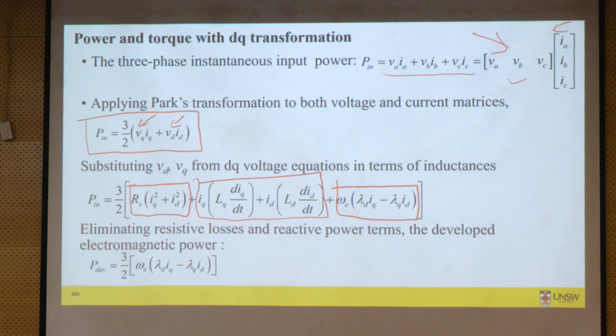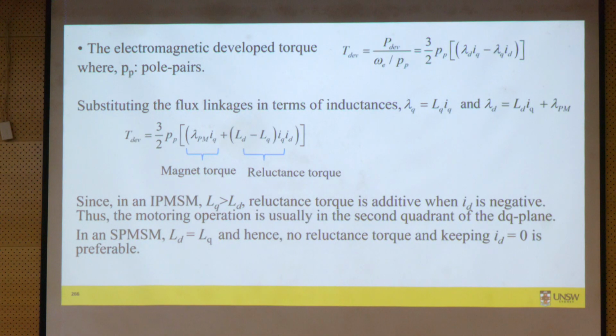So to calculate torque, actually we only need the last term. Only that part of the power converts to torque. So this third term we can call developed power, mechanically developed power.